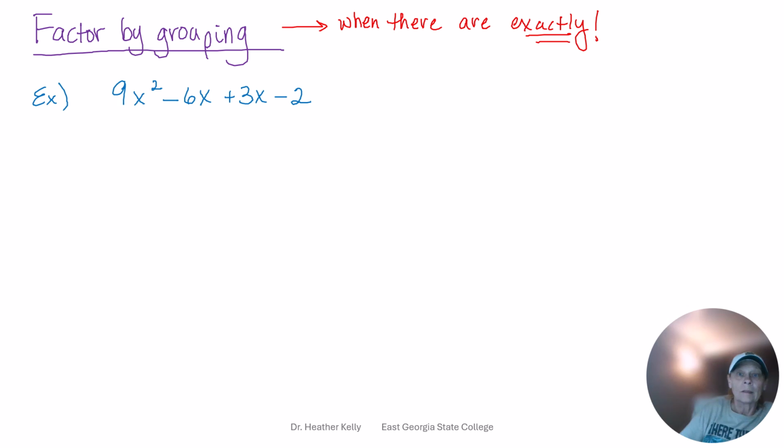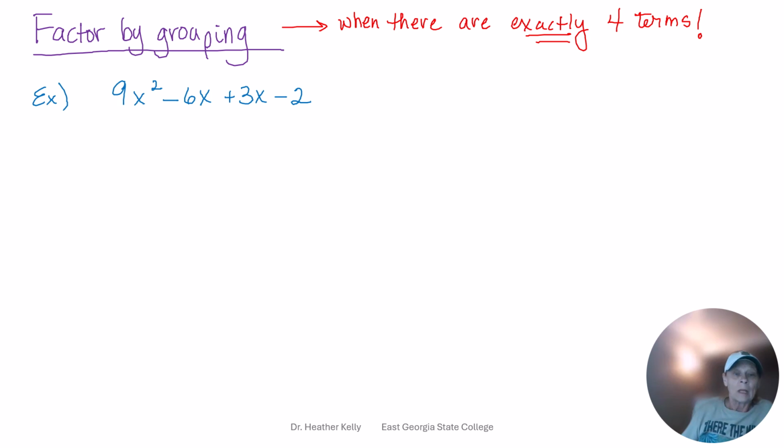Exactly. Exactly 4 terms. That's the only time you use it. I guess you could use it if you had 6 terms, but we're not going to be dealing with that kind of situation. So you're going to use factoring by grouping when there's exactly 4 terms.